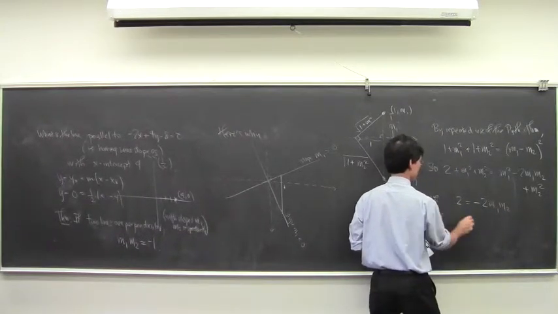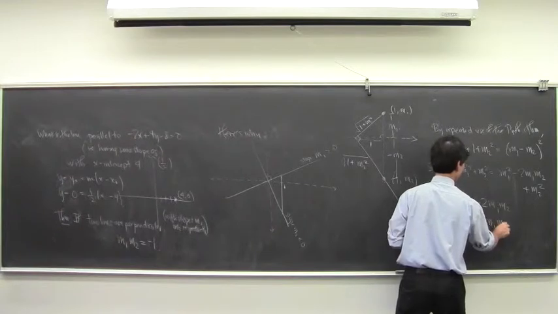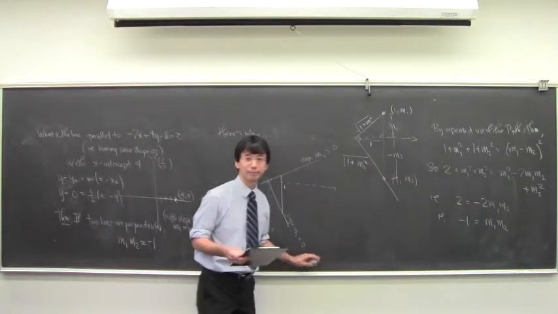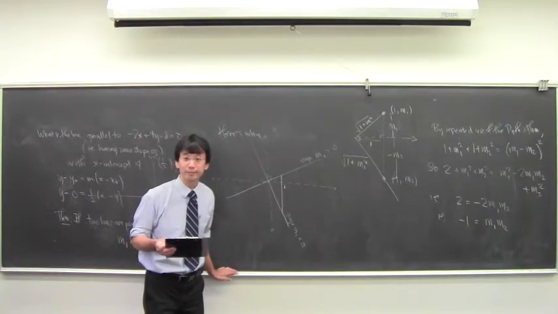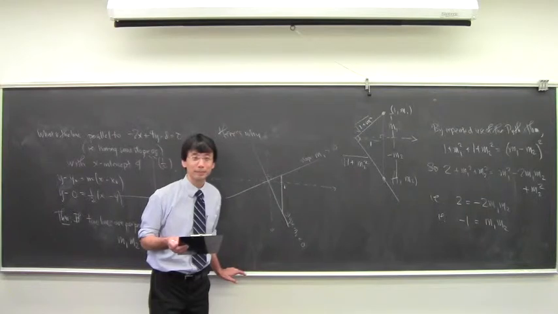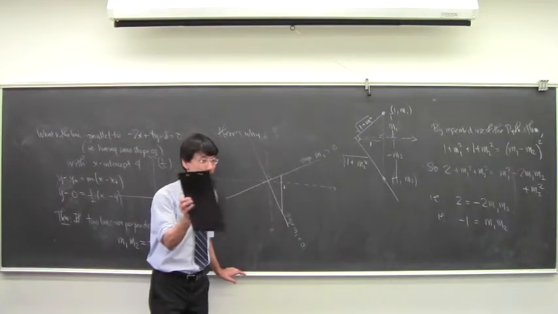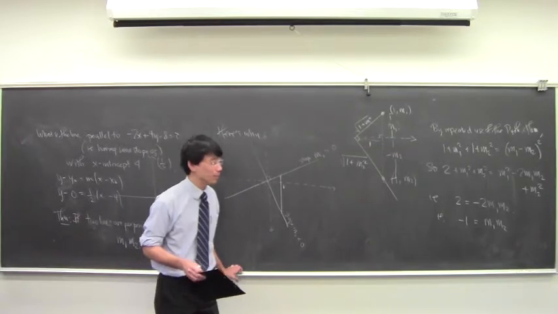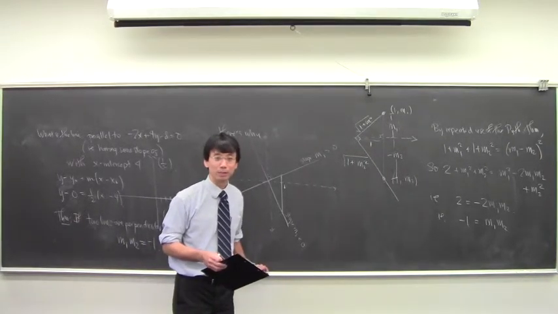In other words, m1 m2 equals negative 1. A lot of pre-calculus is sort of just applications of the Pythagorean theorem.